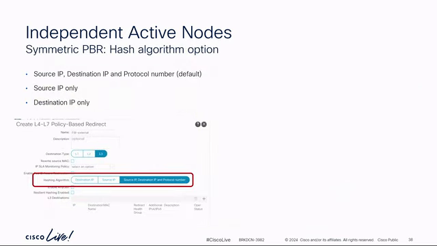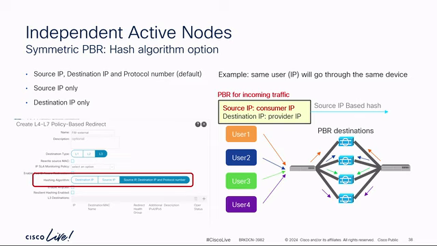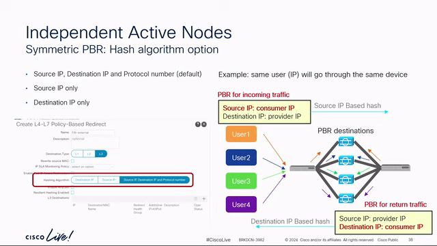By default, symmetric PBR hash is based on source destination IP combinations. But if you want, you can change it. For example, if you want same IP, same user, always go to the same PBR destination instead of based on destination IP, then you can use source IP-based hash for incoming traffic, and then the return traffic, you must check destination IP-based hash because source IP of incoming traffic is equal to destination IP of return traffic.